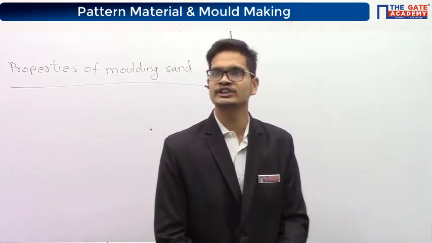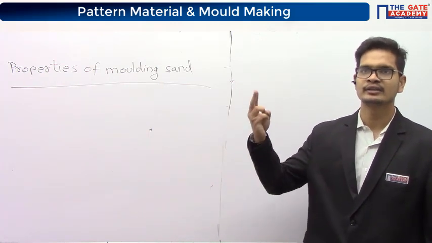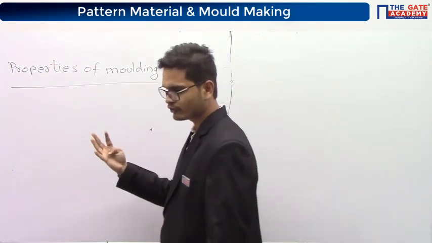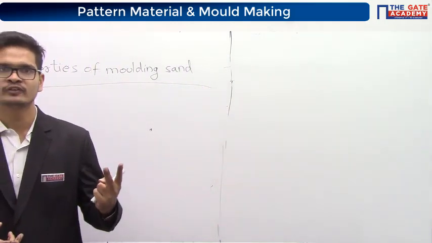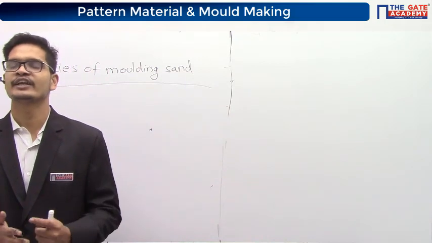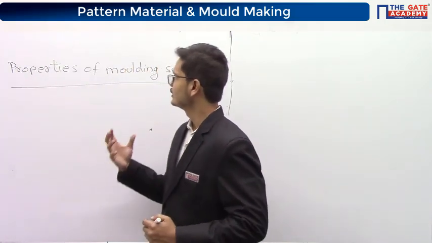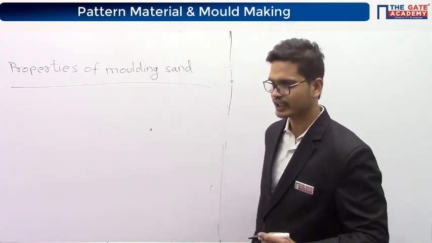The 4 properties that we saw are porosity, collapsibility, then refractoriness and strength. Along with this, we have flowability and we have cohesion and adhesion. So let us see properties of molding sand. What are different properties of the molding sand?